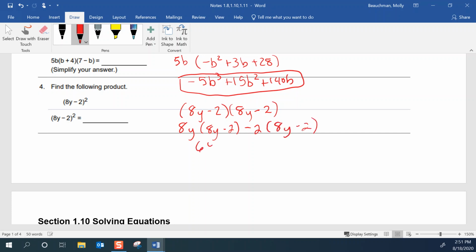Multiply through, 8 times 8 is 64y squared, minus 2 times 8 is 16y. Multiply, we get negative 16y. Negative 2 times negative 2 is plus 4. Add like terms. Our two like terms are both of the negative 16's added together is a negative 32y plus 4.